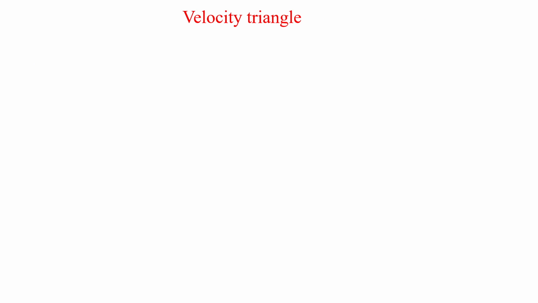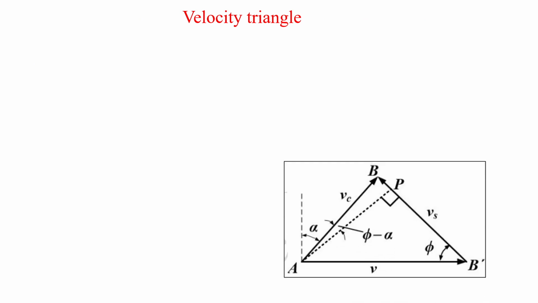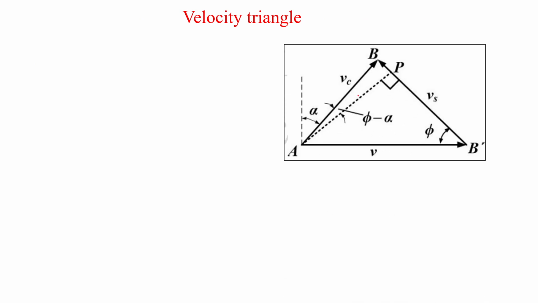Now we'll see about the velocity triangle. When we study the Merchant circle, we have a velocity triangle. For example, one is the cutting velocity, V. This is the main cutting velocity by which the tool cuts the workpiece, right? And this Vs is the shear velocity.